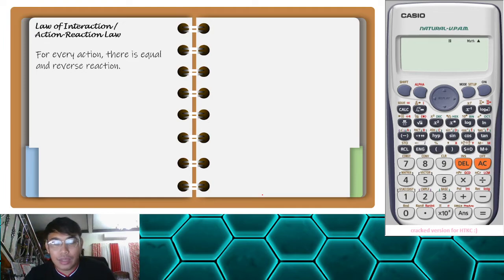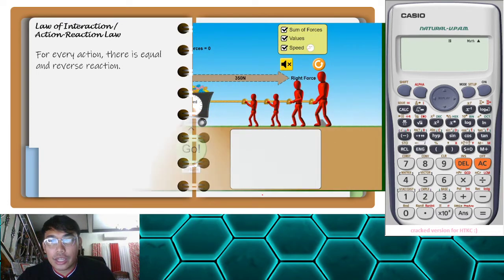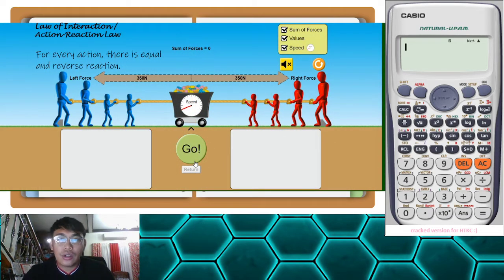So, ito yung ating ibig sabihin dito. For every action, there is an equal and opposite reaction. Okay. So as you can see, we have four people on this side and another four people on the other side.